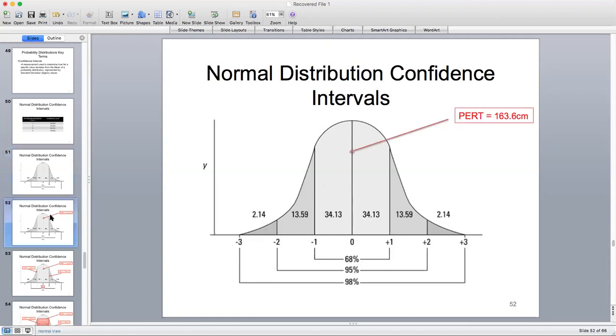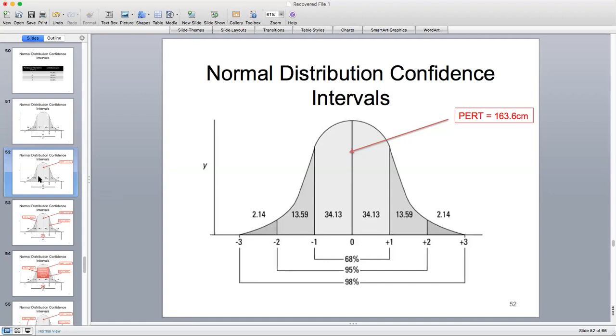In the middle, if we were using PERT values, we would see the PERT value, which is our average, 163.6 centimeters, which we calculated earlier, meaning that, let's say this was a project, the average height of a student in a classroom is 163.6 centimeters.